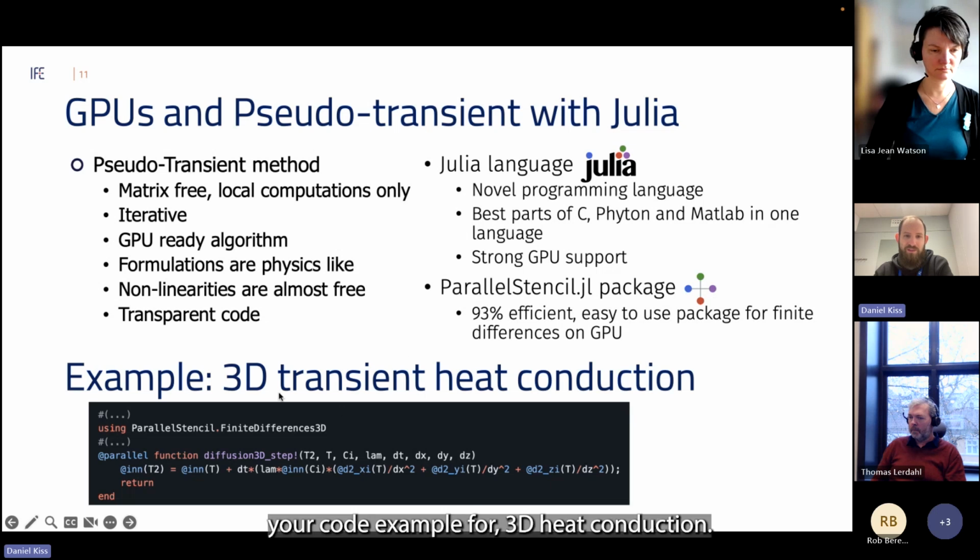Here you can see a code example for 3D heat conduction. You can do the whole thing in just about 3 lines, to give you an idea. So it's very approachable to write a new code for every new problem.